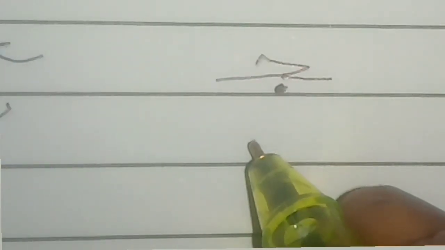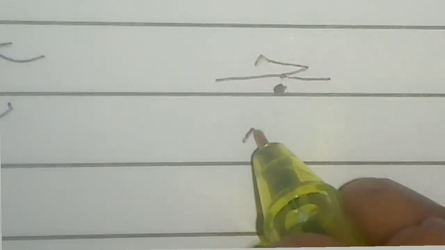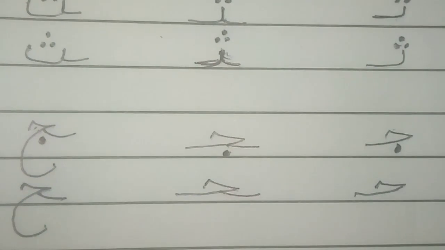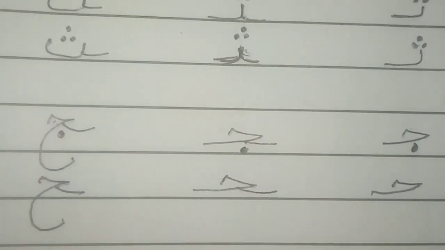The Ha at the beginning looks like the Jim at the beginning without any dots. And this is the Ha at the middle without any dots. It connects to both sides. And here also we have the Ha at the end. It connects to the right side.